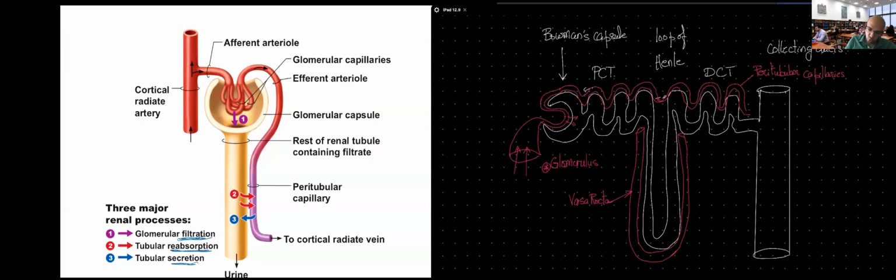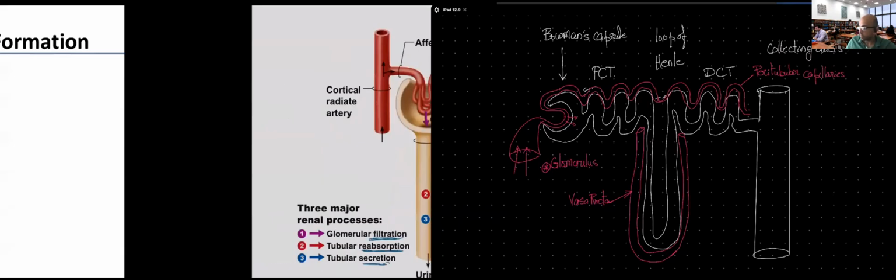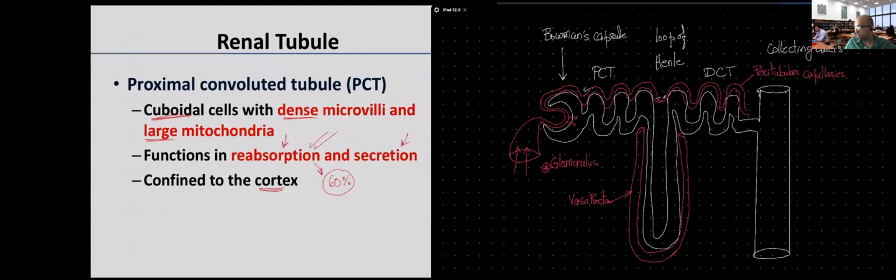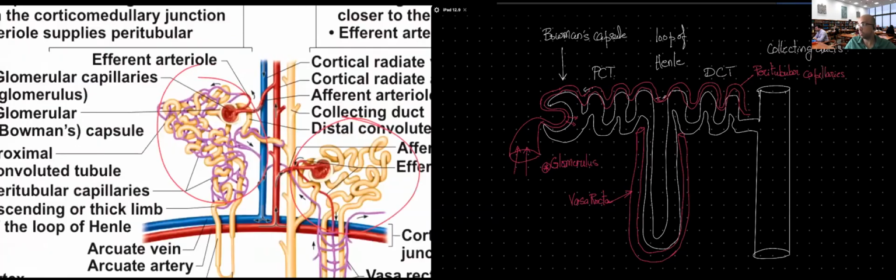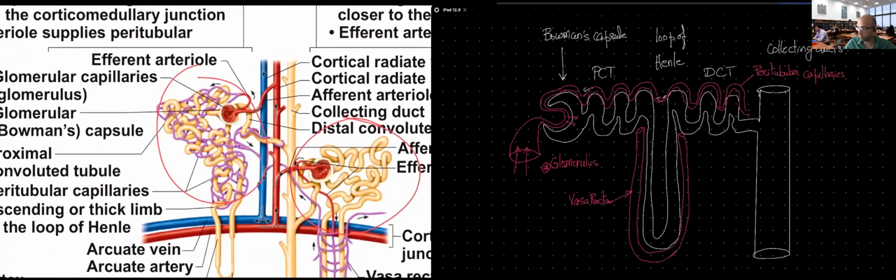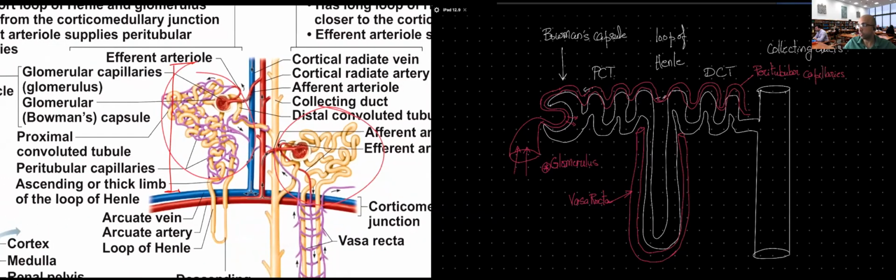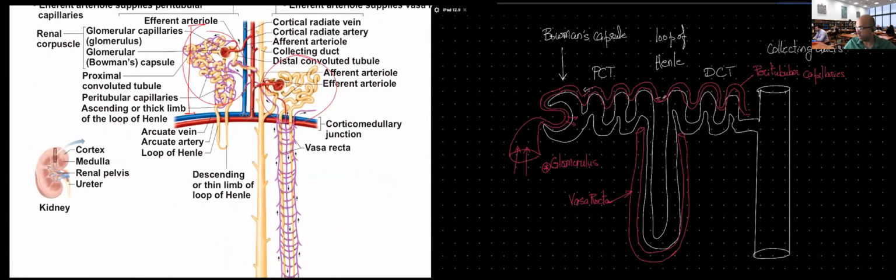Remember, we did have two types of nephrons. We've got cortical nephrons, which are going to be located mainly in the cortex of the kidney. And we've got juxtamedullary nephrons, and the juxtamedullary nephrons, as you see on here, are still located in the cortex, but at the junction with the medulla.